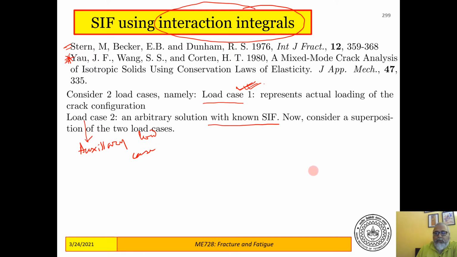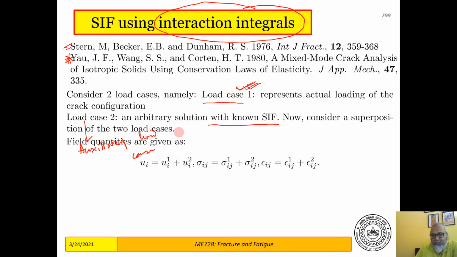So consider a situation where we superpose the two load cases, load case 1 and load case 2. Then the displacements superpose. This is a linear elasticity problem. So the displacements superpose, the stresses superpose, the strains superpose, and as we know, the stress intensity factors also superpose mode-wise. So mode 1 stress intensity factors superpose, mode 2 stress intensity factors superpose, but not across modes.